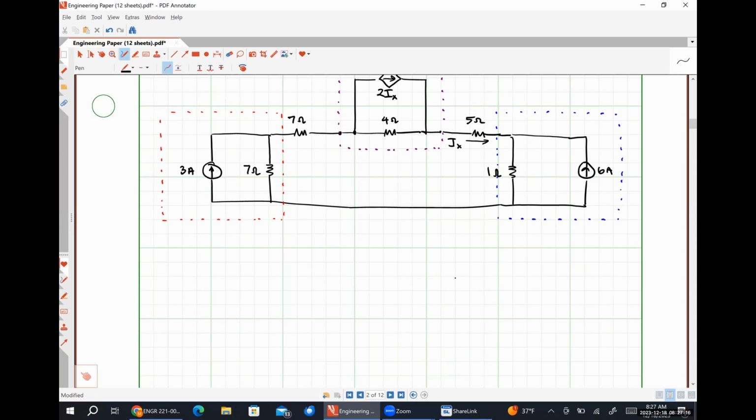So 21 volts, positive polarity on top, in series with a 7 ohm resistor. That was my network in red.